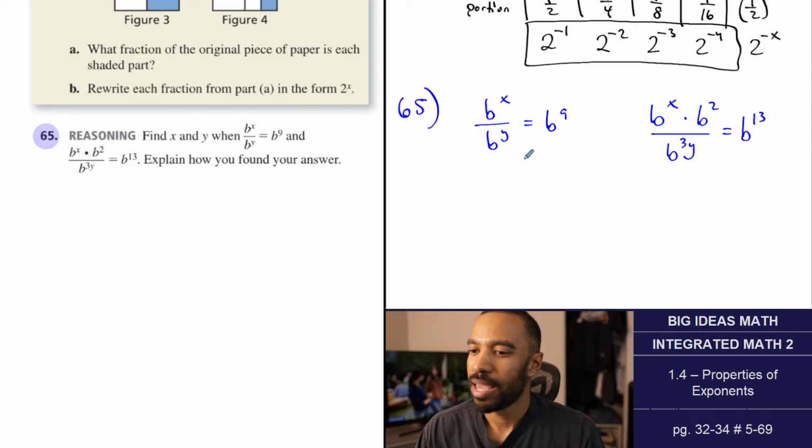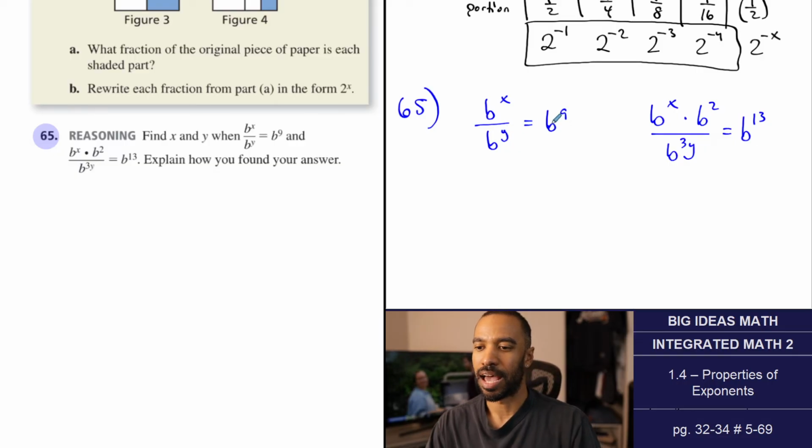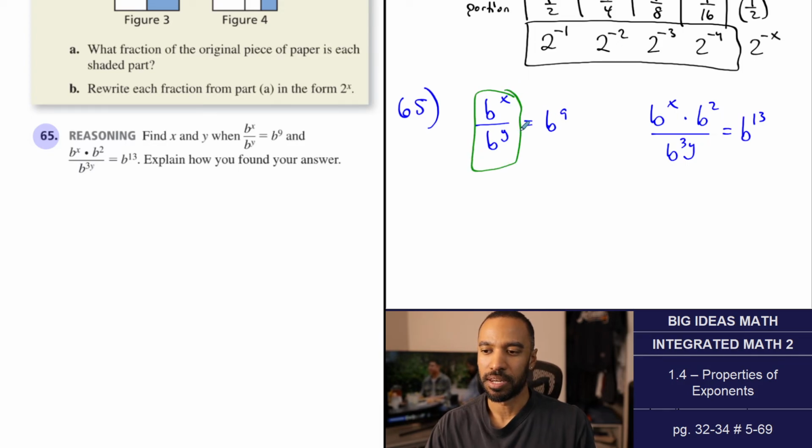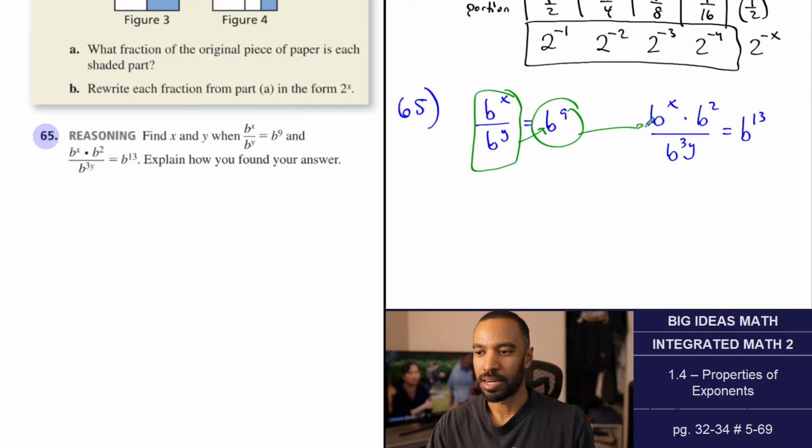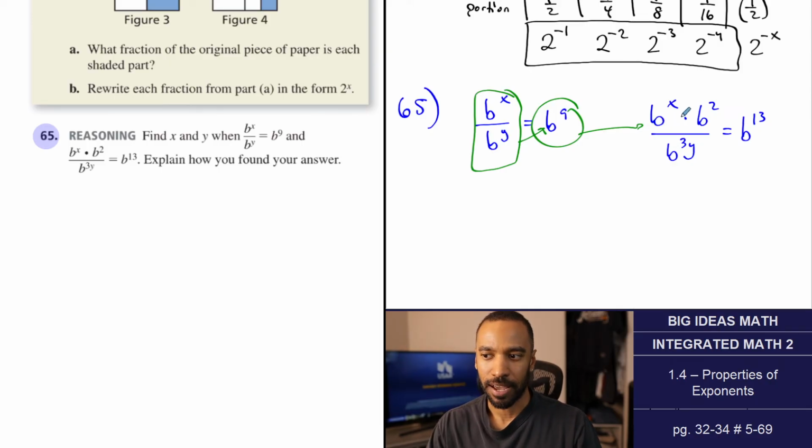Okay, my attempt at doing this is, because I have b to the 9th here, I can either substitute this for b to the x over b to the y when I find it, or I can rewrite this with b to the x over b to the y.